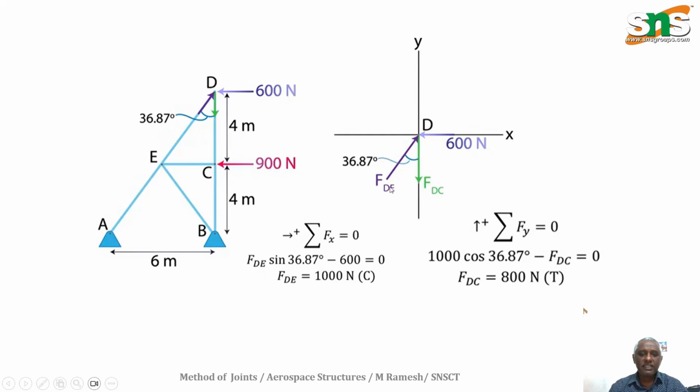Then FDE cos 36.87 goes in the upward direction, that is positive. We already have FDE equal to 1000 Newton. Just substitute here and we get FDC as 800 Newton. That is towards the joint, that is a positive value, a tensile force.